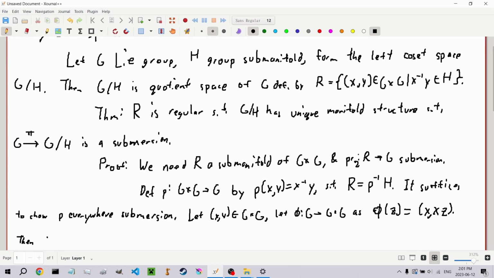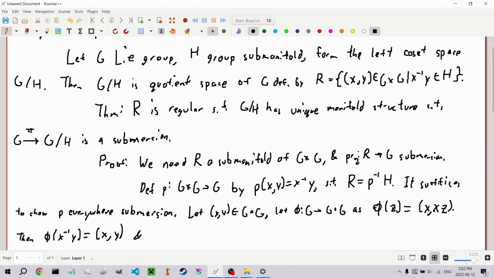And then phi of x inverse y: well, our left element is always x, and our right is this multiplied on the left by x, which will cancel out the x inverse, so we get our x, y.